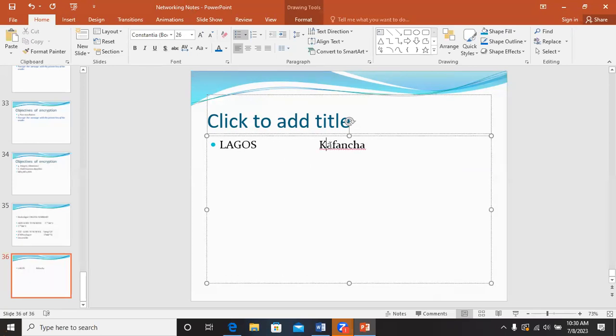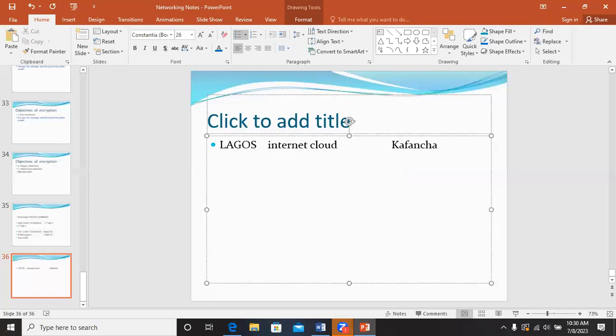This person requires remote login from Kafanchan to Lagos. So what VPN simply does is, you have the internet cloud, linking them together.